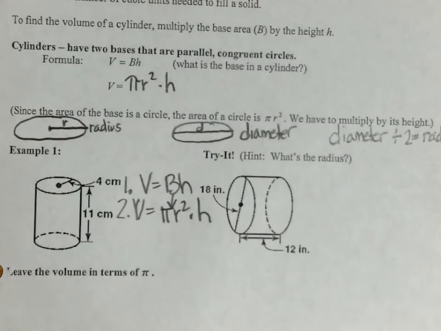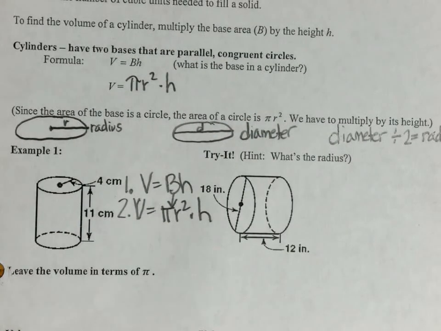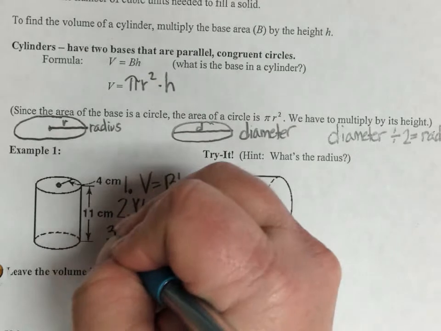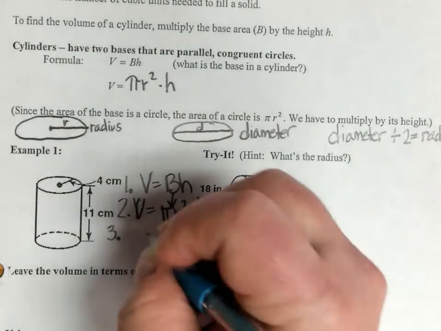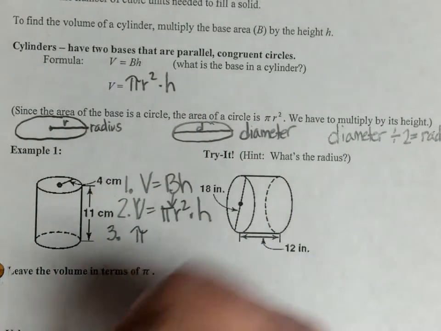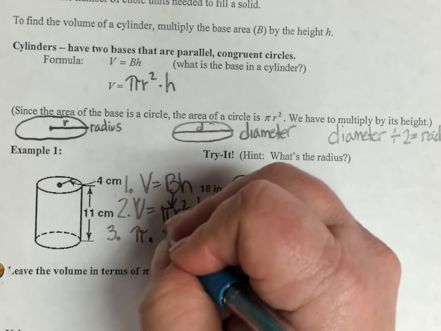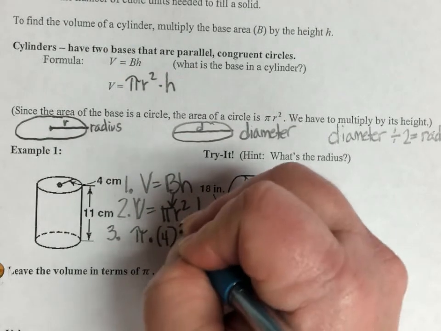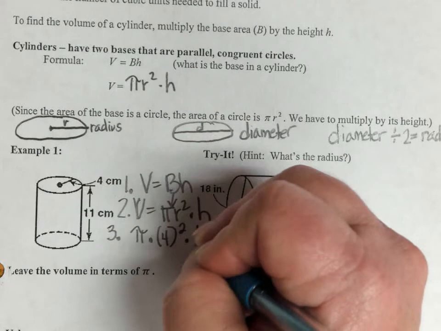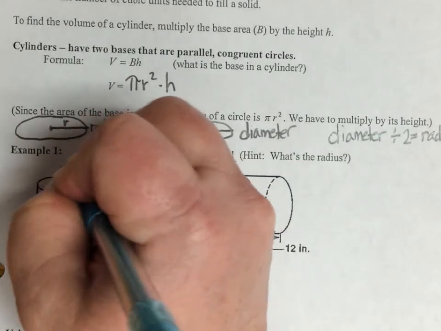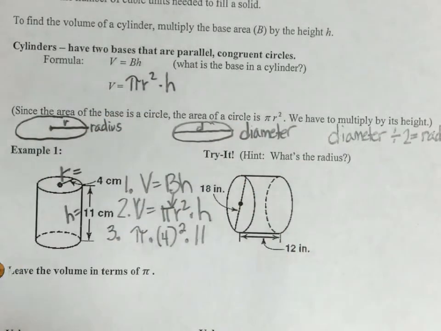And when we say pi r squared, we mean that when they're next to each other, you're multiplying them, okay? Then step 3, you can plug your numbers in. We've got pi times 4 squared times 11. This is our R, this is our H.